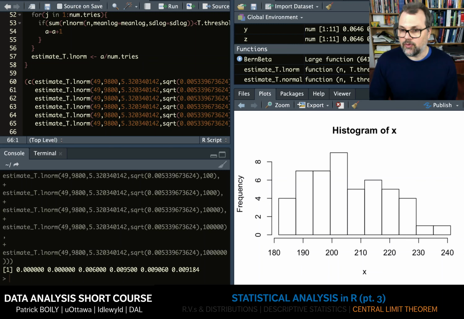But we can compute it, right? We just standardize. We want the sample mean to be below 200. So we take this 200 threshold, we subtract the population mean, which is mu 205, and we divide by the square root of the variance of the sample mean. So the square root of 15 squared divided by 49.